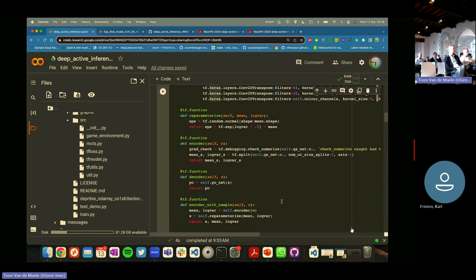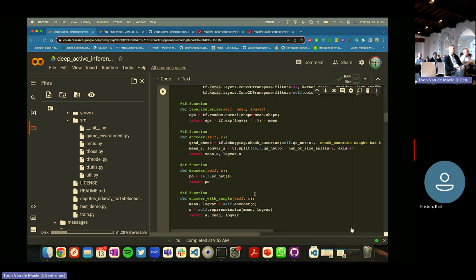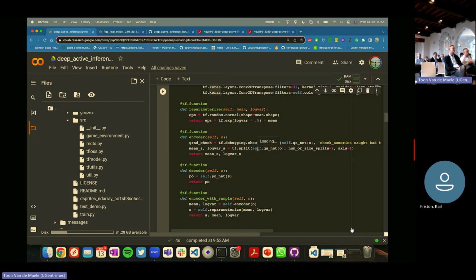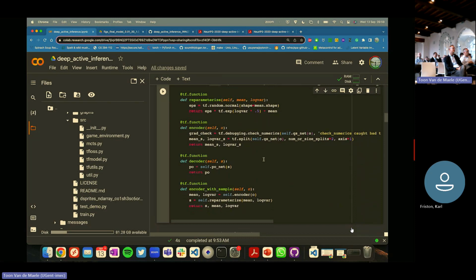The key difference, which will become really relevant for us, is that when we're doing the forward pass, we can do it in different ways. One is using the reparameterization trick, where you sample from Gaussian noise, multiply that by your variance and add the mean to get your latent sample.